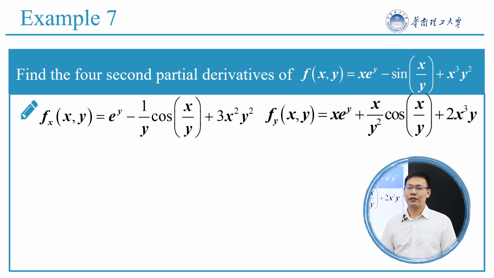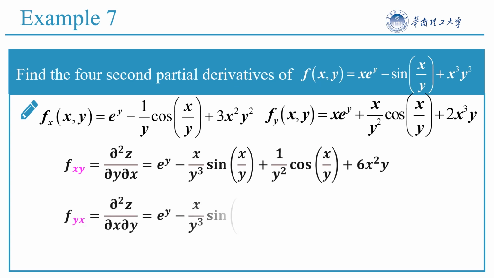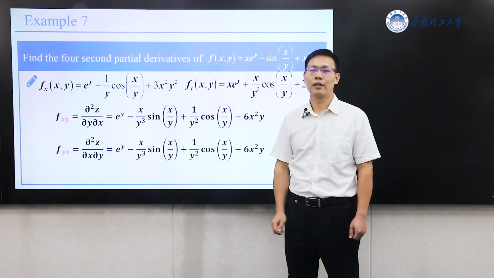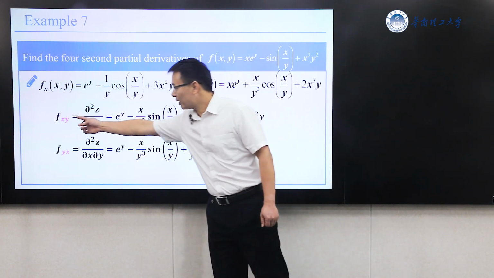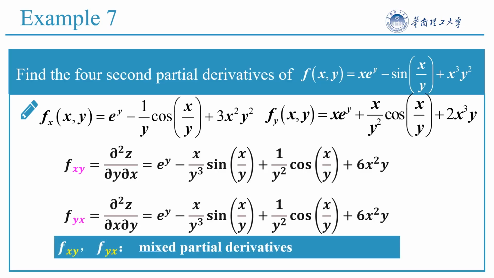Differentiate fx with respect to y, we obtain the mixed second-order partial derivative fxy equals this equation. Similarly, differentiate fy with respect to x, we obtain this second-order partial derivative. We call fxy and fyx the mixed partial derivatives.